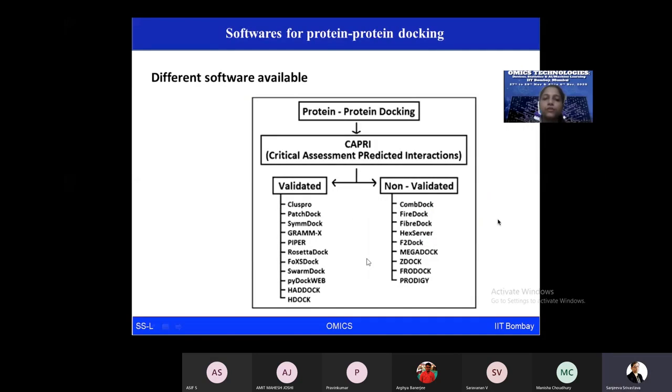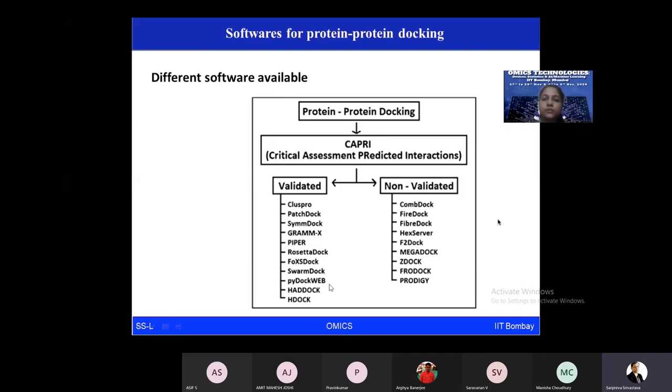There are several softwares which are available online for protein-protein docking studies. A few of the softwares are available online, and a few can be downloaded and installed on either laptops or desktops, which can be used later. Few softwares such as ClusPro, PatchDock, Piper, HADDOCK, HDOCK.